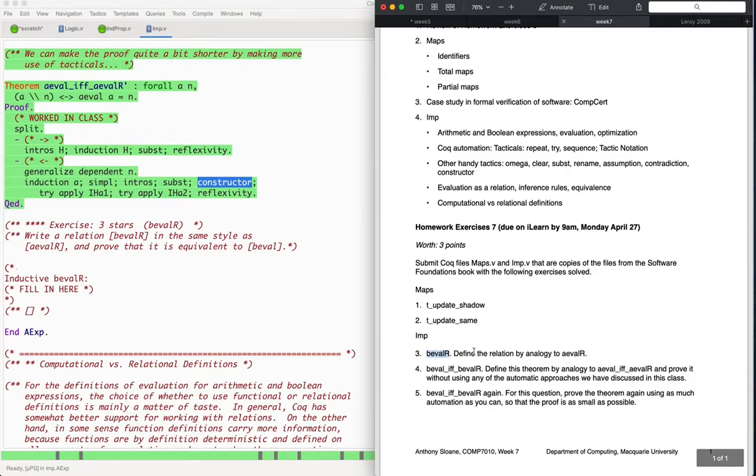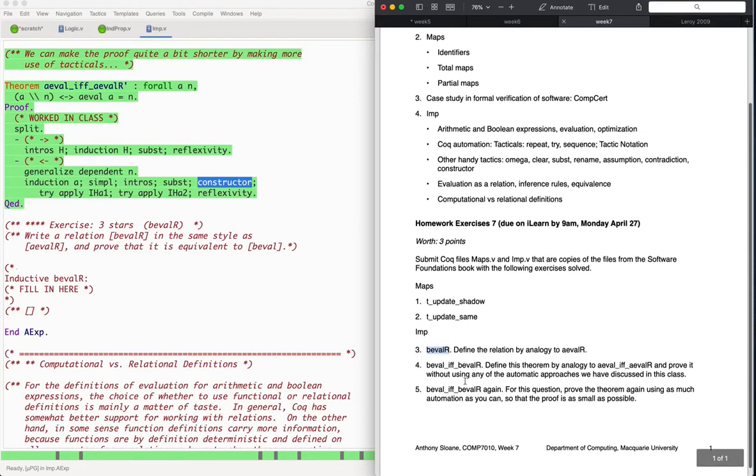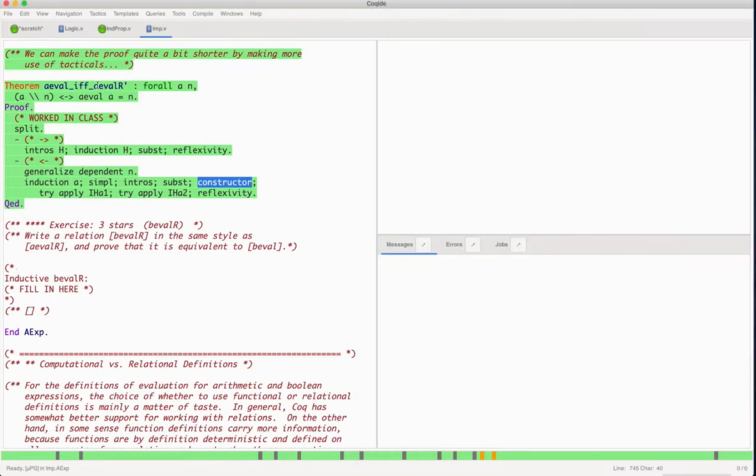So that's question 3. And then the other 2 parts basically ask you to prove the equivalent of this theorem here, the A eval if and only if A eval R prime, for B eval R and B eval. Okay, so an analogous theorem holds for Boolean expression evaluation using the function or the relation.